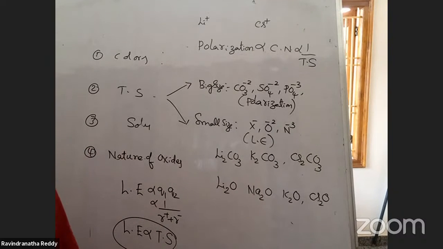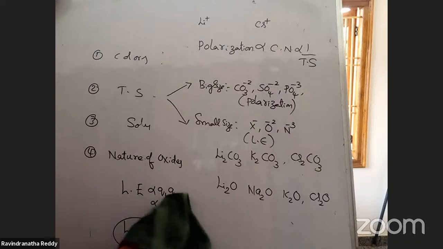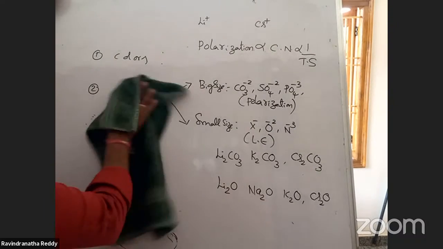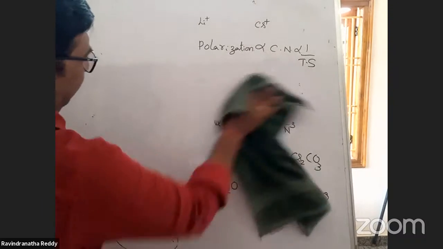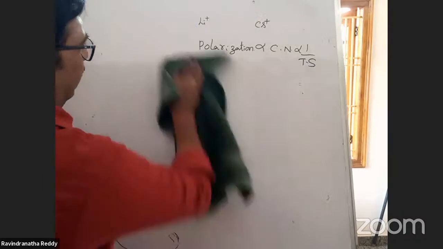Polyatomic ions: carbonates, sulfates, phosphates, oxalates, nitrates, hydroxides, like that. This model they will definitely ask as a NEET exam question. Any doubt here? This was already explained in the 1A group elements.